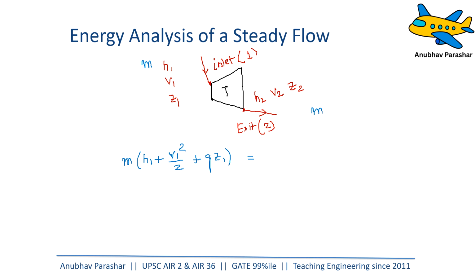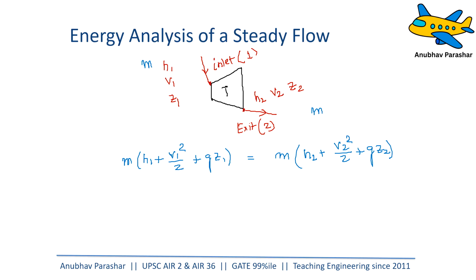This would be equal to M, I'm writing it as M because we all know M1 is equal to M2, times H2 plus V2 square divided by 2 plus gZ2.